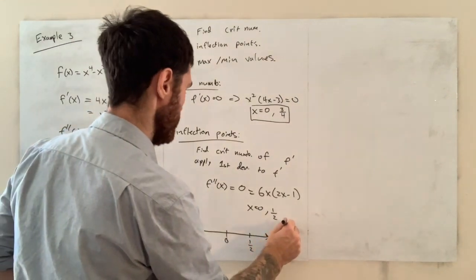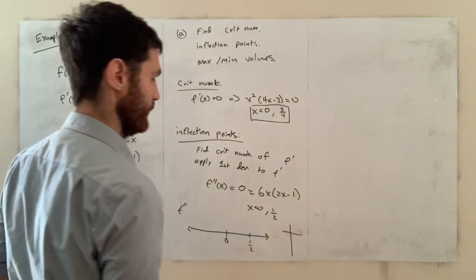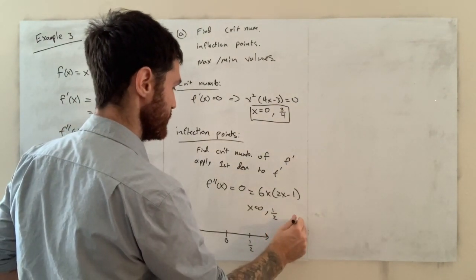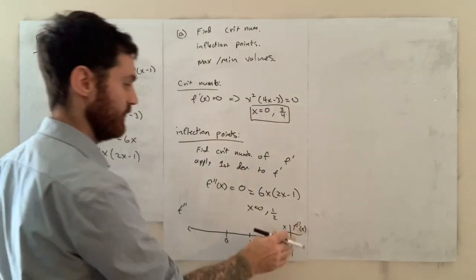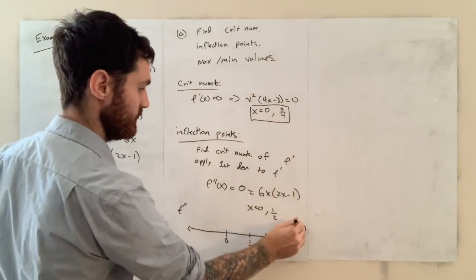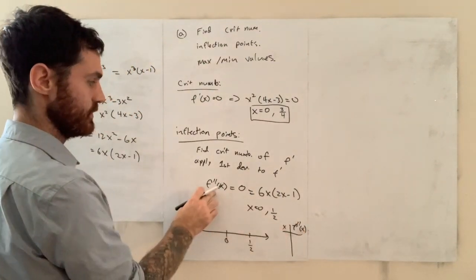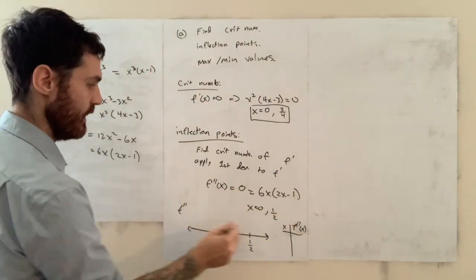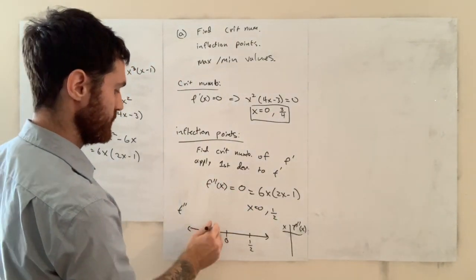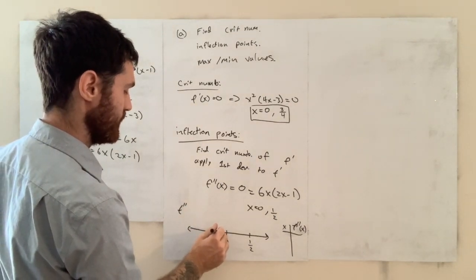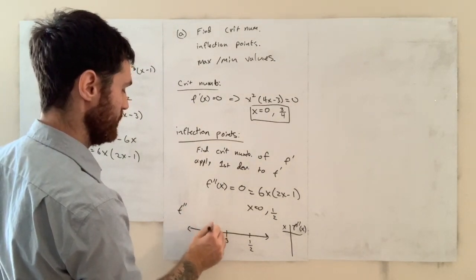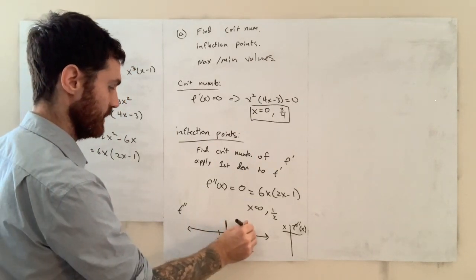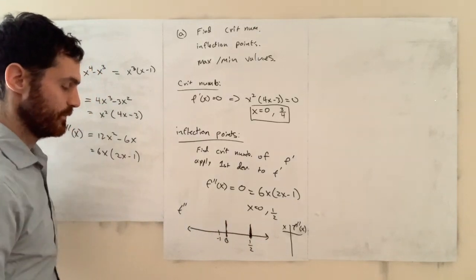And if I build myself a little table here where I choose x's and f double primes of x, those values when I plug them into the second derivative. Well, if I choose a value to the left of 0, maybe -1, I'll use bigger lines to indicate these things here.